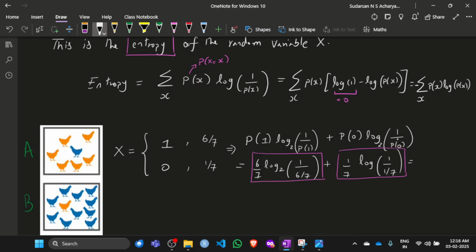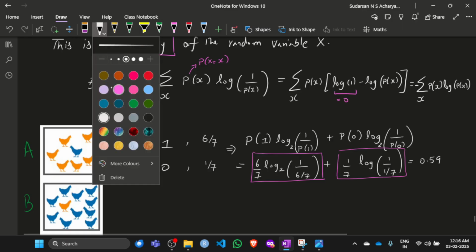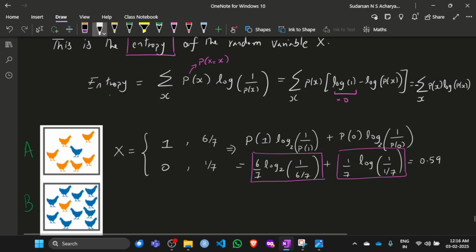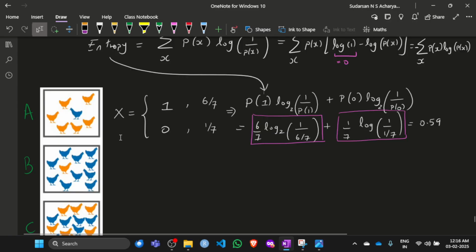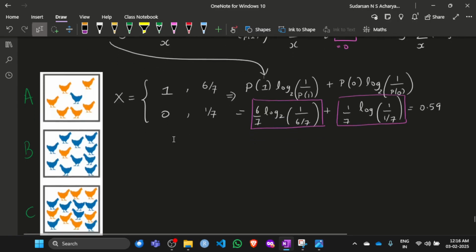If you do the calculation, you will get the expected surprise, which is the entropy associated with this box, equal to 0.59. So this is the expected surprise. We just calculated the entropy associated with box A.